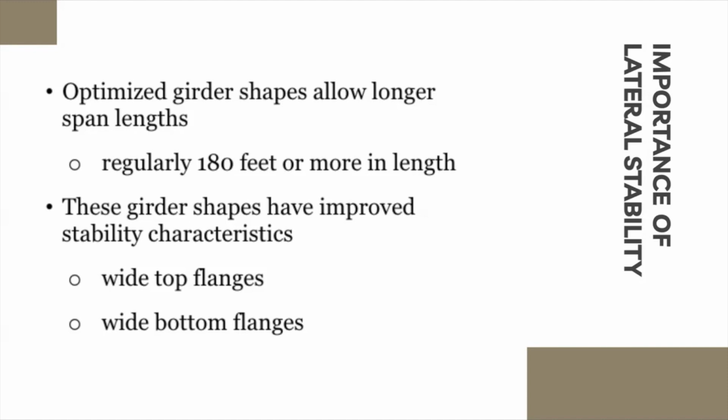Optimizing girder shapes allows longer span lengths, mostly around 180 feet, but most likely they will also increase in length as well. These girder shapes have improved stability characteristics such as wide top flanges and wide bottom flanges.